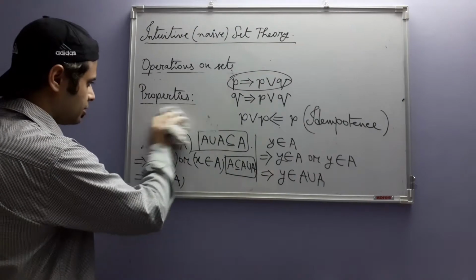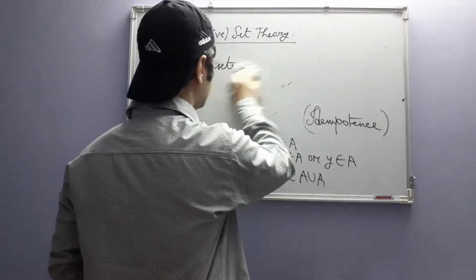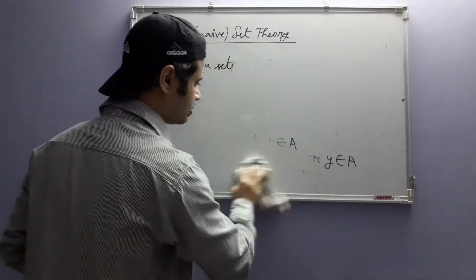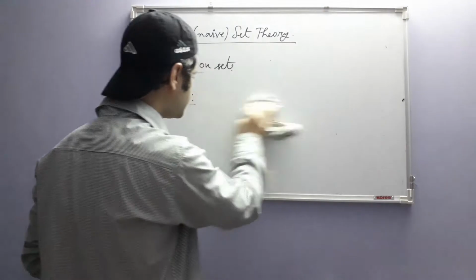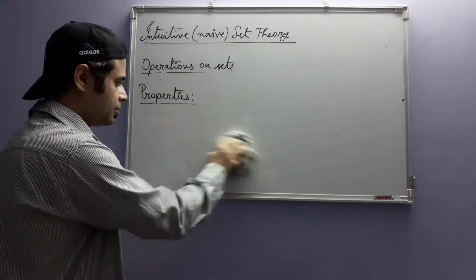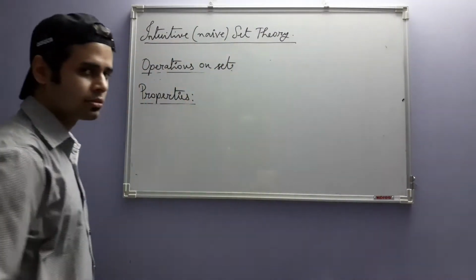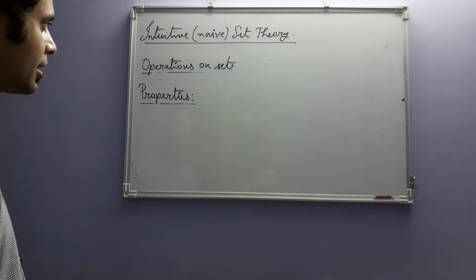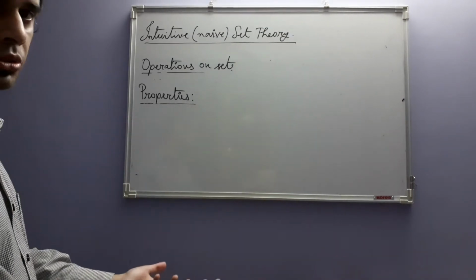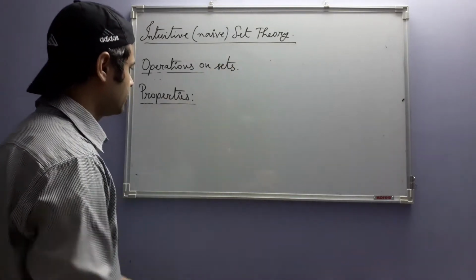One more is there. So you have seen by now that those properties in mathematical logic are being used left and right in proving these properties on sets. In fact, the properties on sets in a sense come from those properties if you think carefully.